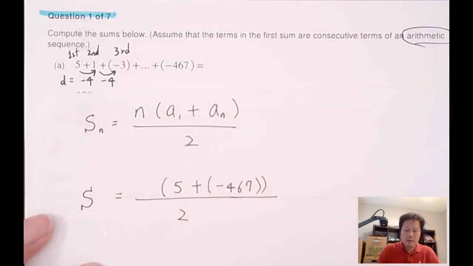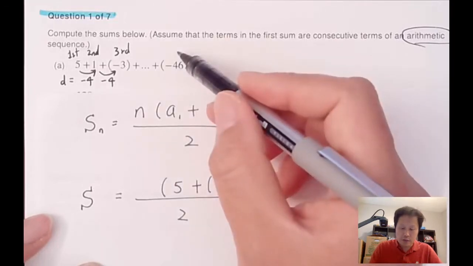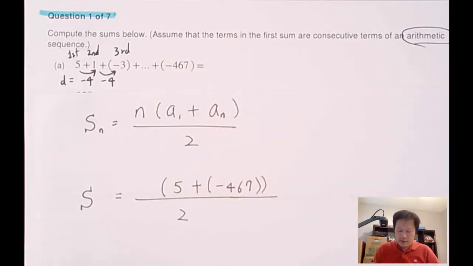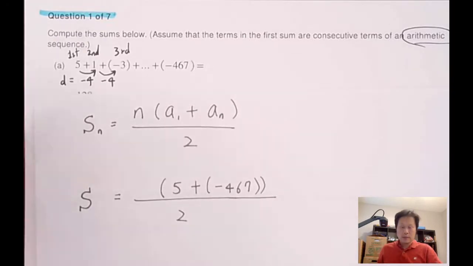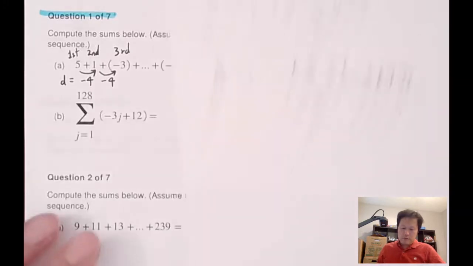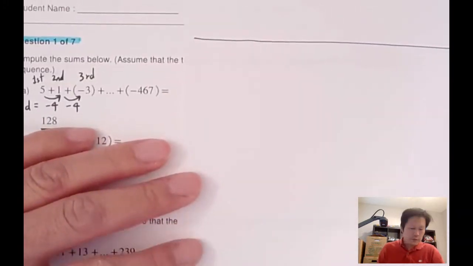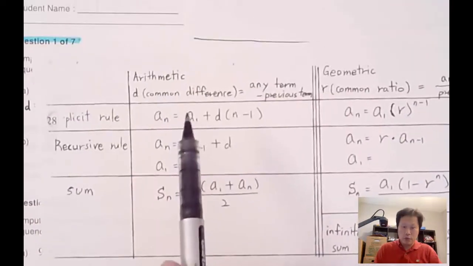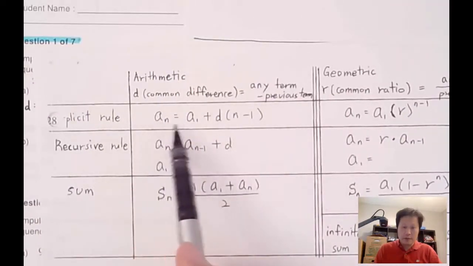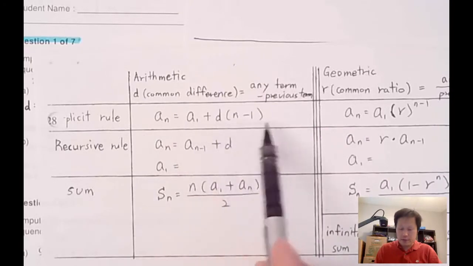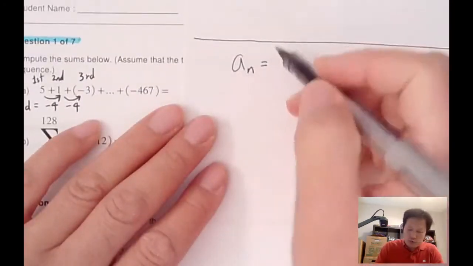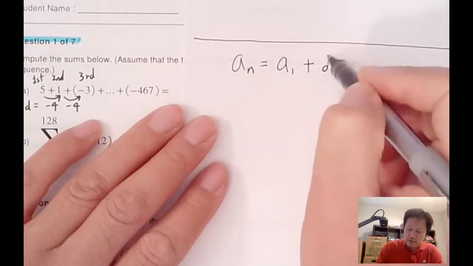How to find the n value? The index of the last element. So you have to do some side calculation here. You have to use the explicit rule of an arithmetic sequence. A sub n equal to a sub 1 plus difference times parenthesis n minus 1.